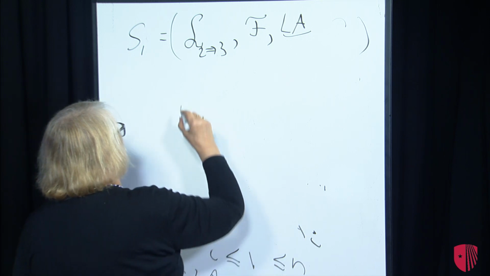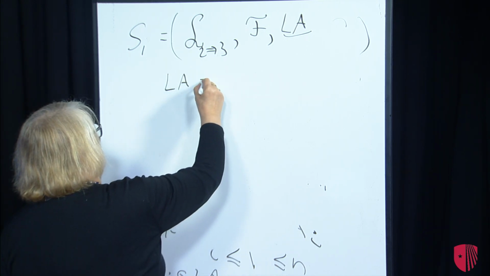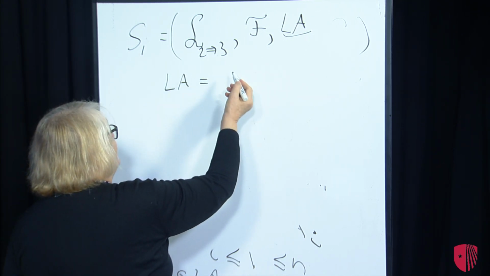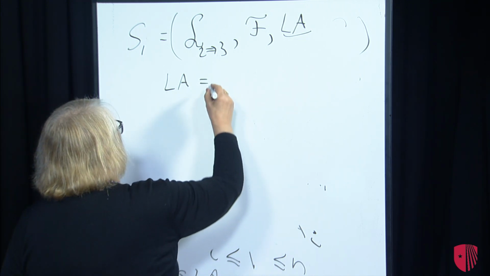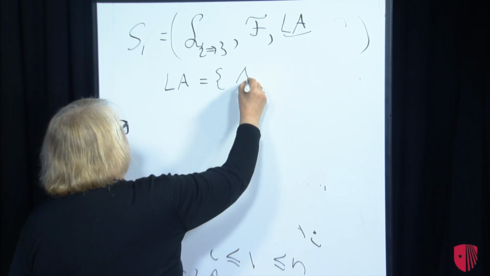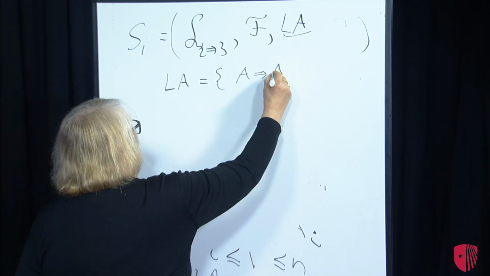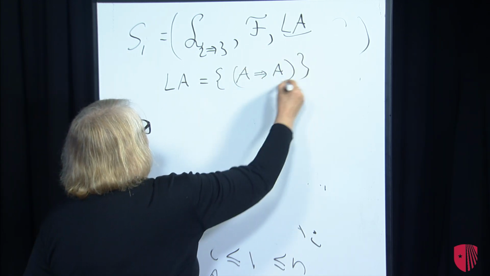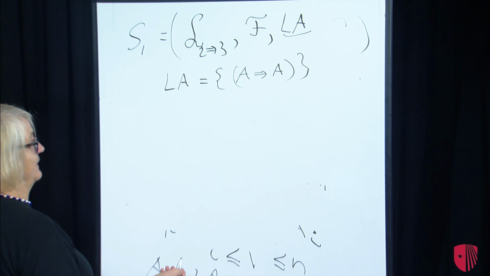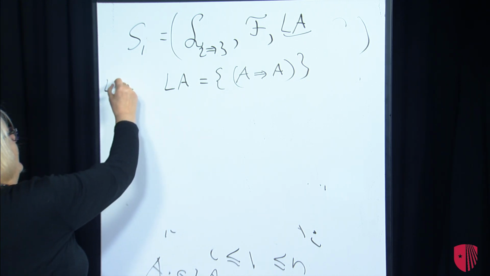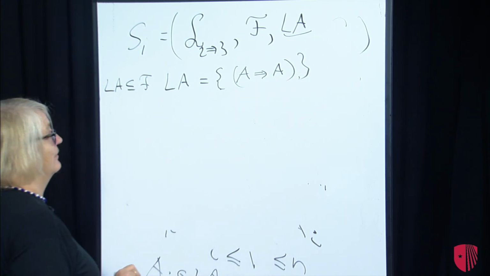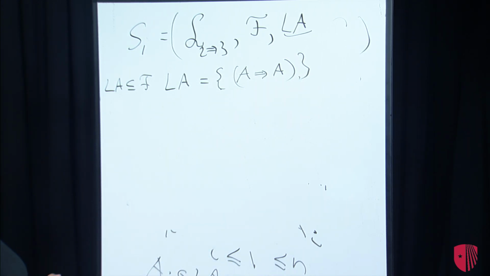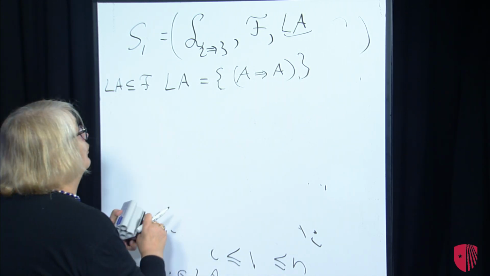I have to define them. The set of logical axioms has only one axiom, which is the formula A implies A. Remember that logical axioms is a subset of formulas. That's why we put wigglies here. That is a one-element axiom set.